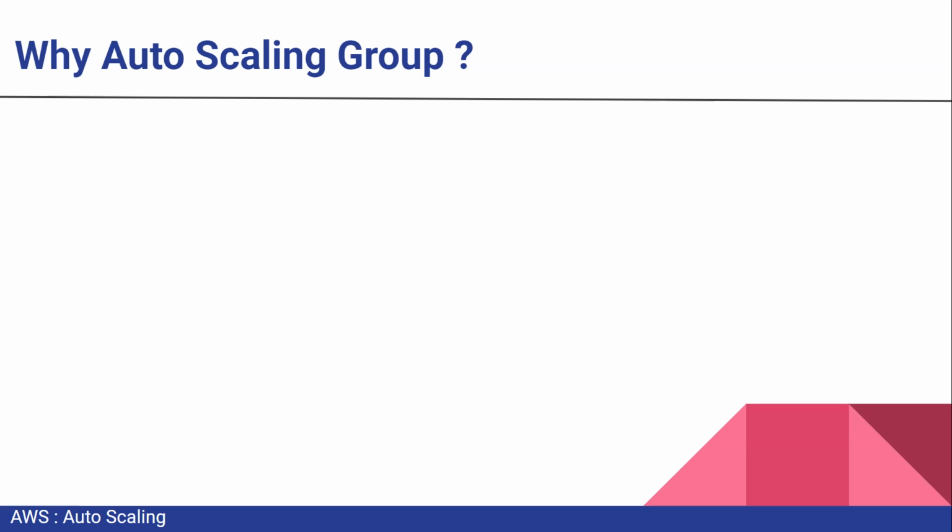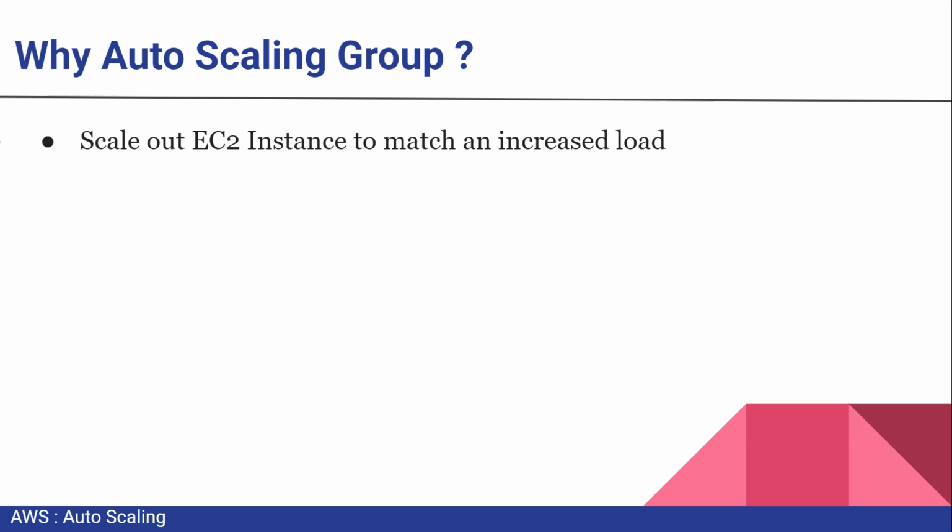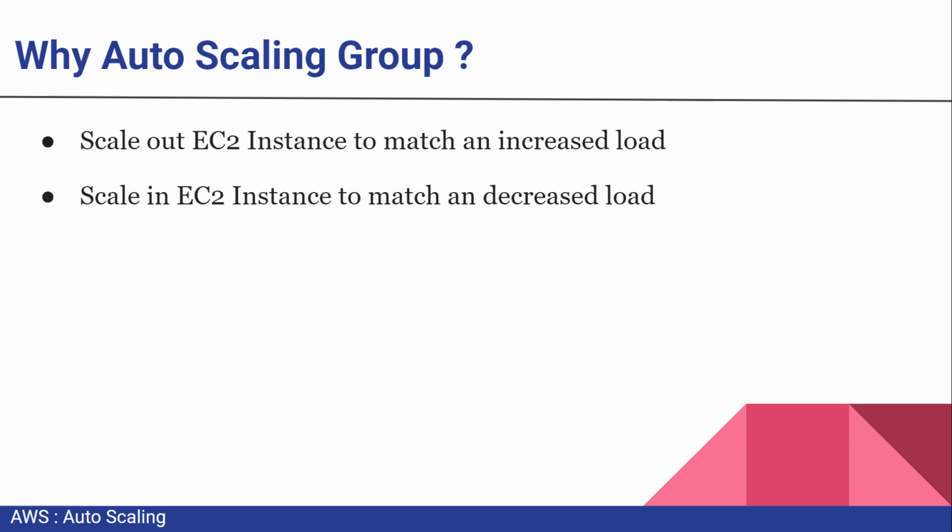It is to scale out, that means adding instances to match an increased load, but also scale in, basically removing instances to match your decreased load. And then finally we can ensure that the EC2 instances grow by a certain amount to match increased load and shrink by a certain amount for decreased load.